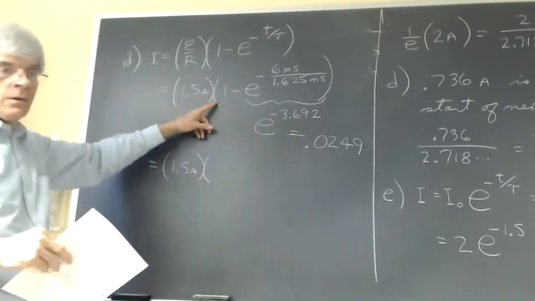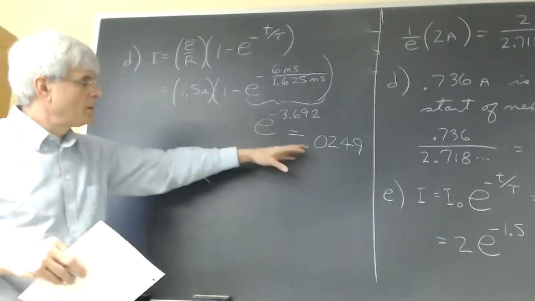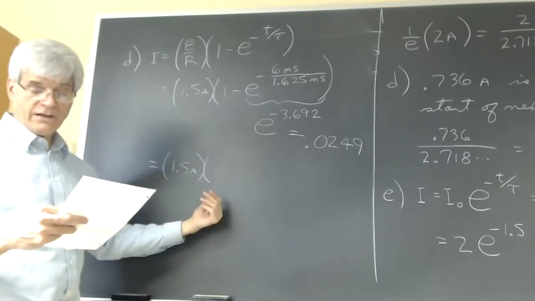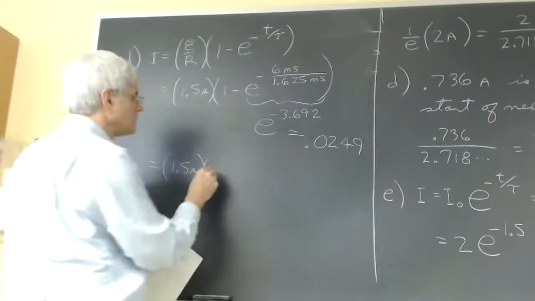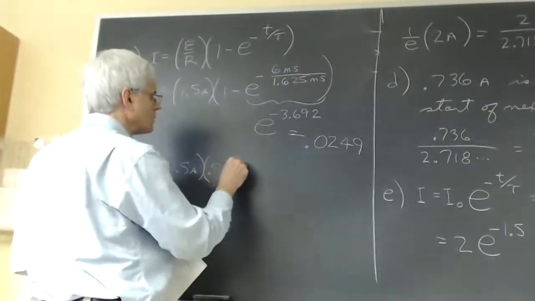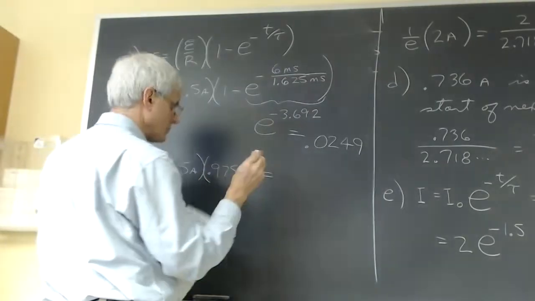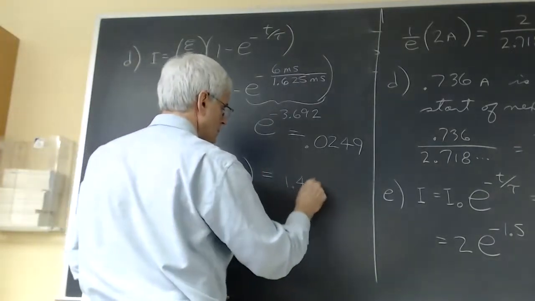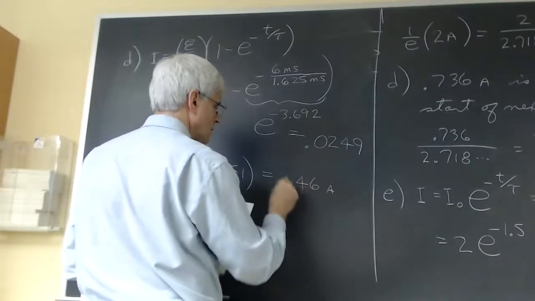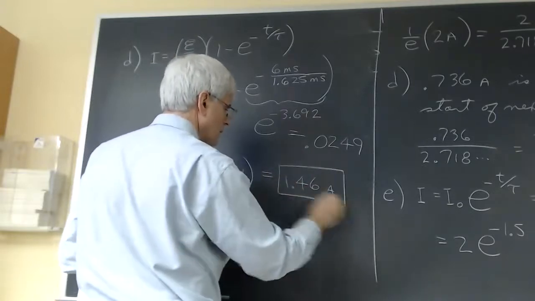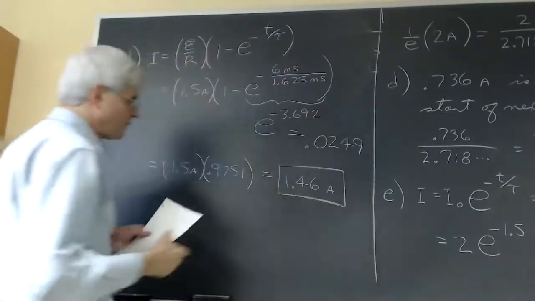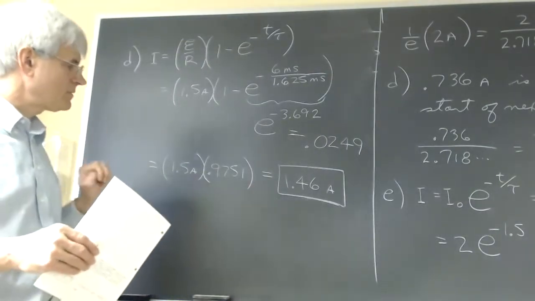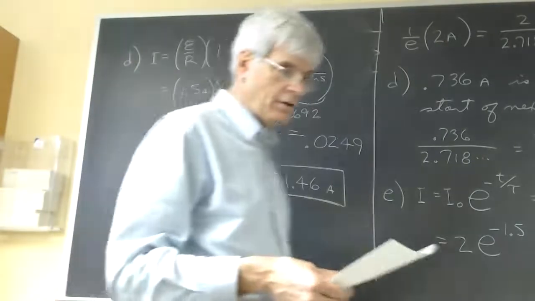You've got 1 minus 0.0249, which comes out 0.9751. So after 6 milliseconds, it's most of the way to its final value. Just got a little ways to go yet.